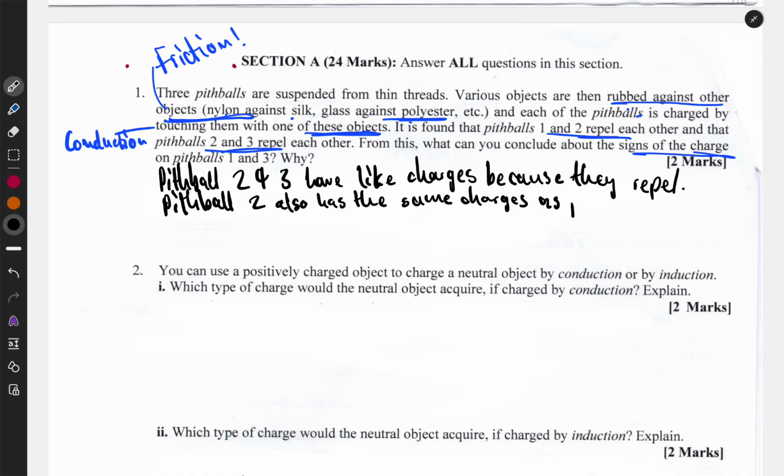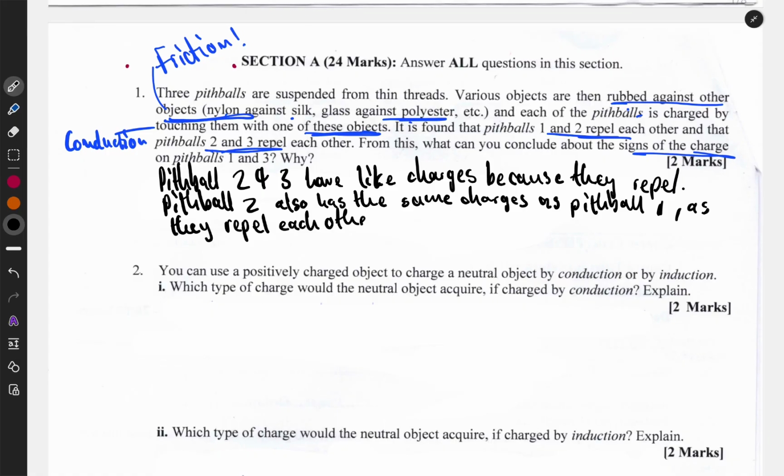as pith ball 2, as they repel. Okay, so you can say pith ball 2 also has the same charge as pith ball 1, as they repel each other.